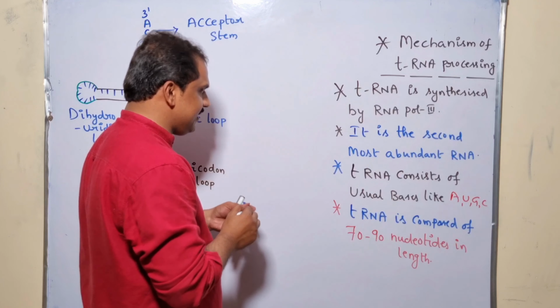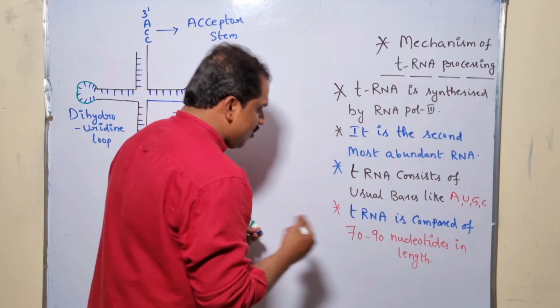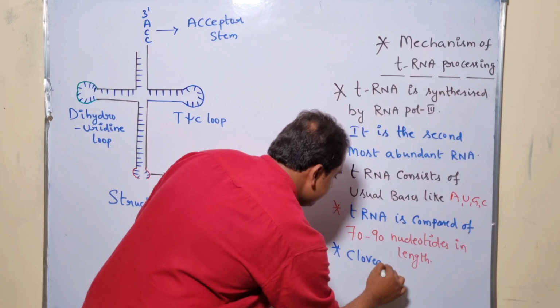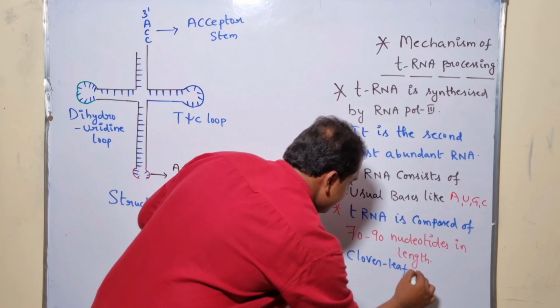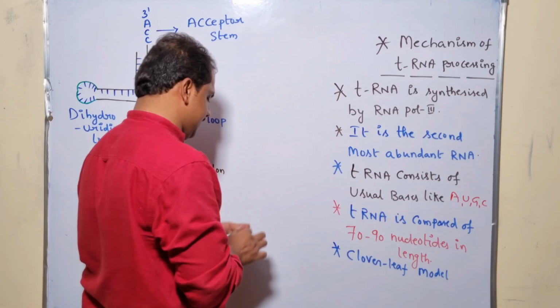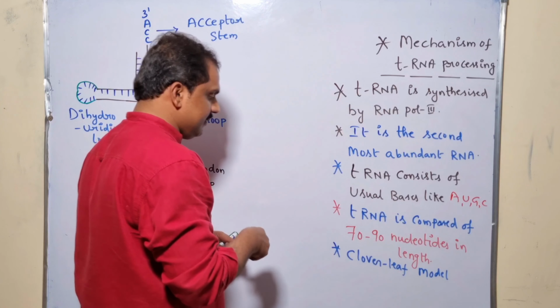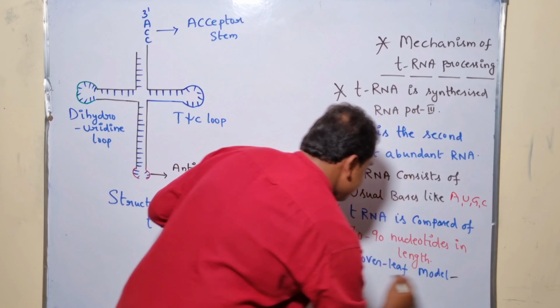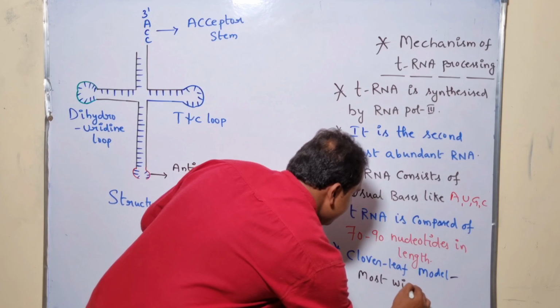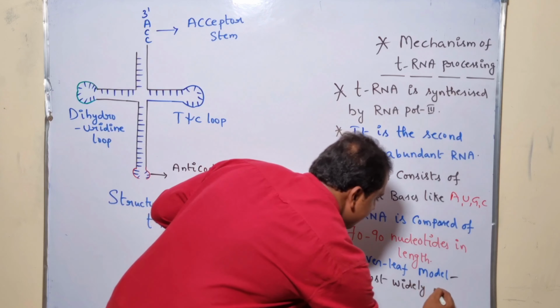So let me write it here. Cloverleaf model is the most widely accepted model of the tRNA.